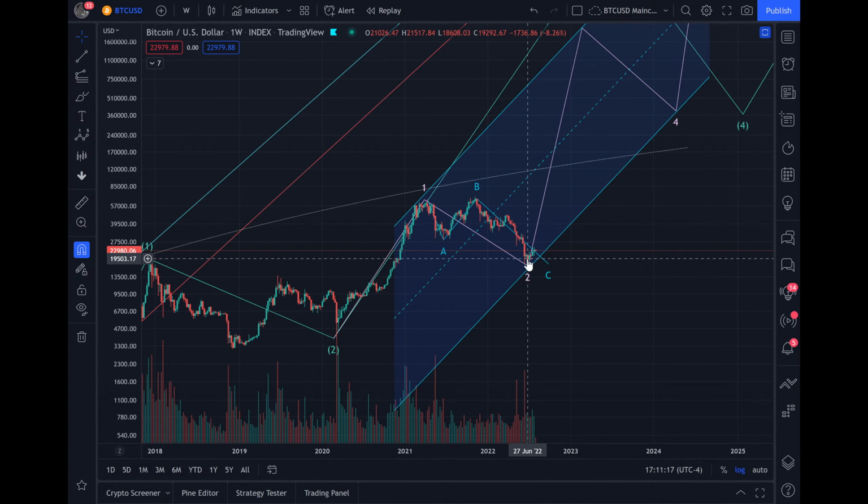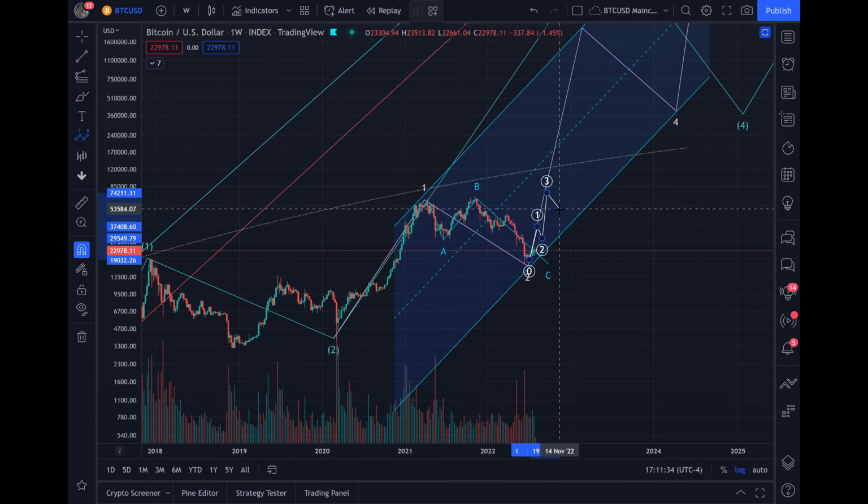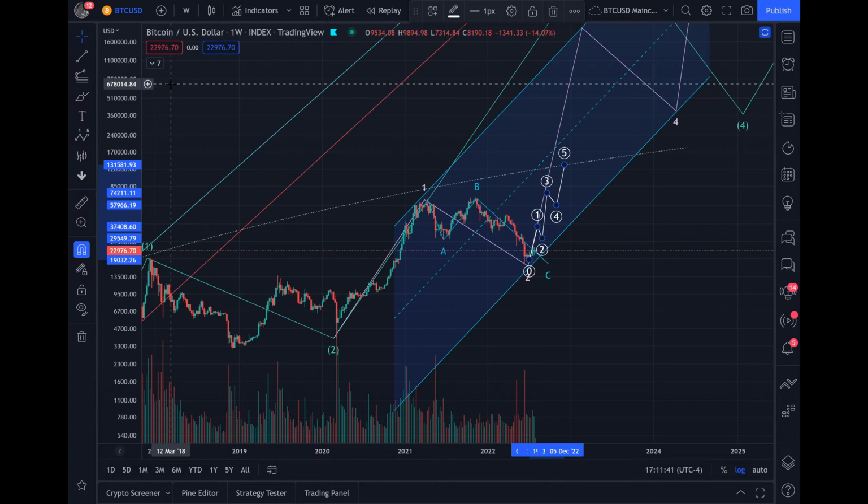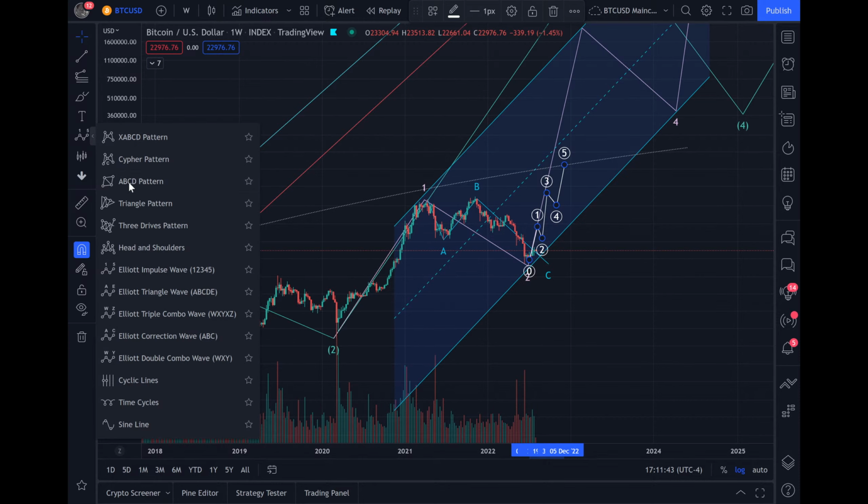So we would have something like this. Let me just put it in. So something like this. Okay. Something like this. And then you get a 3-wave correction.